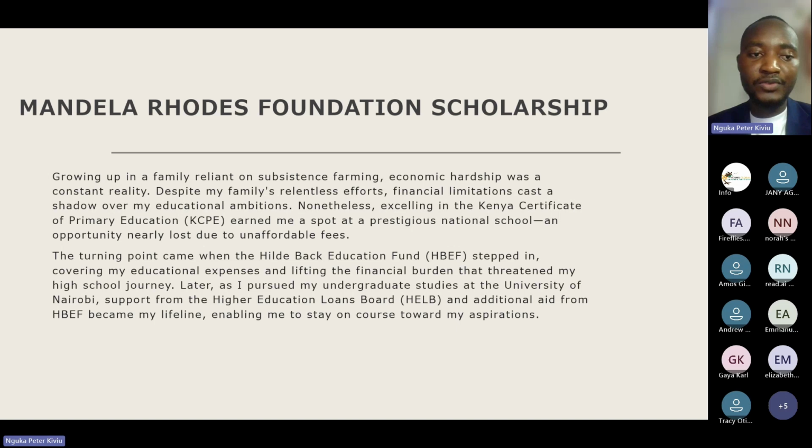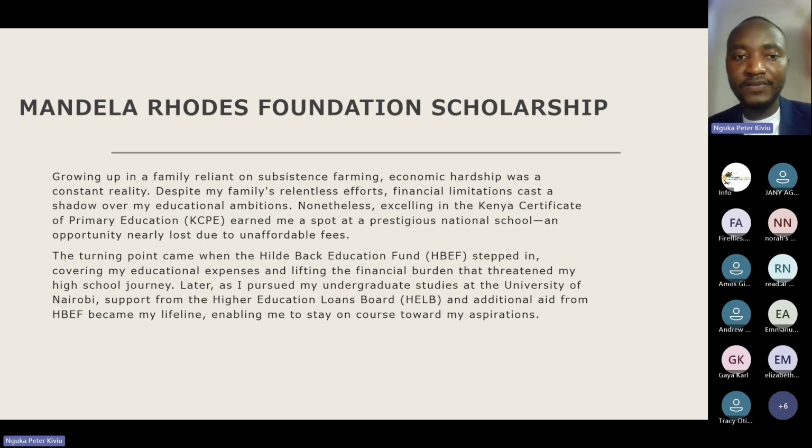Now, when we move to the next, this is for the Mandela Rhodes Foundation Scholarship. Remember, we are still talking about the introduction. And those two other essays will be read by professors of the different schools. But here is an example of an essay which will be read by a scholarship committee.